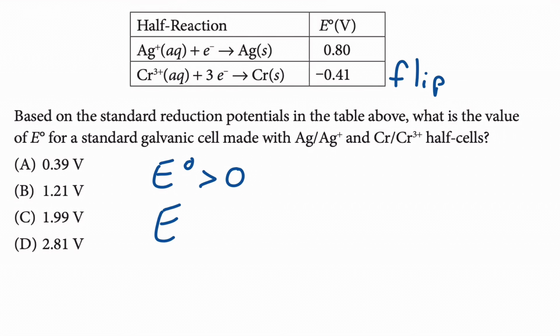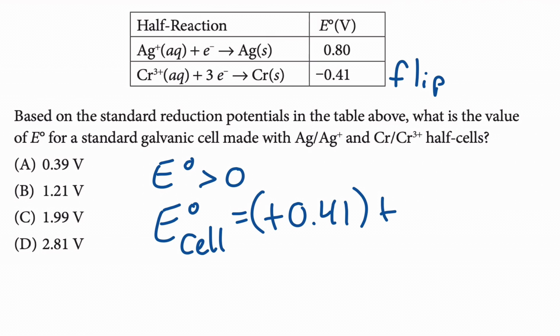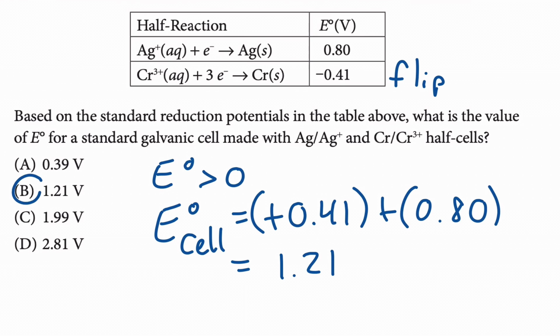So E cell is the oxidation, which is now positive 0.41, plus the reduction, which we keep the same for silver, 0.80, and we get 1.21 volts, choice B. Very quick, but you have to know how to do that. Some of these incorrect answers are no doubt due to the fact that people can accidentally forget to flip or incorrectly multiply that by 3. You do not do that.